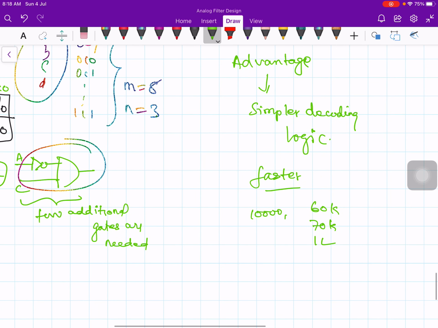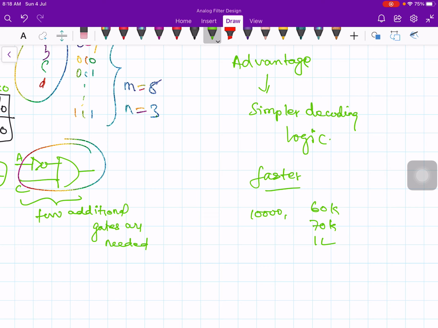If you use simpler decoding logic, that will be compensated by using fewer circuits in the decoder, and the silicon area required by the extra flip-flops can be offset by the area saved in using simpler decoding logic, because otherwise the decoding logic needs a lot of gates.